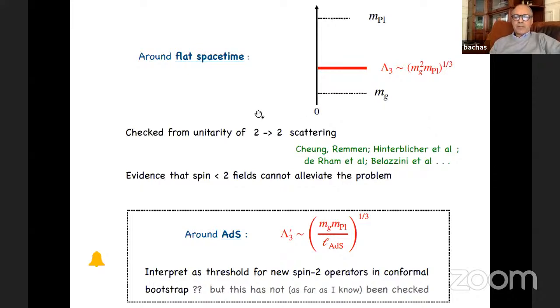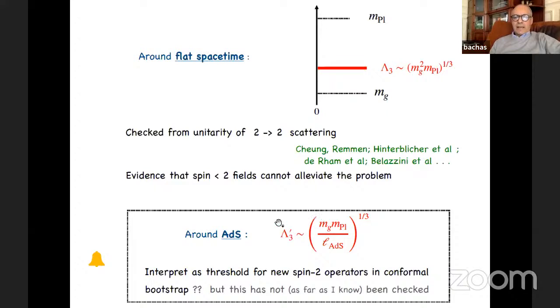Now, this can be checked also by just doing 2-to-2 scattering and checking unitarity. And there are several recent papers, some of them are here. And basically, they all tend to say that there is evidence that any sort of spin less than 2 fields will not help alleviate the problem, cannot push the validity of these effective theories higher than Λ3.